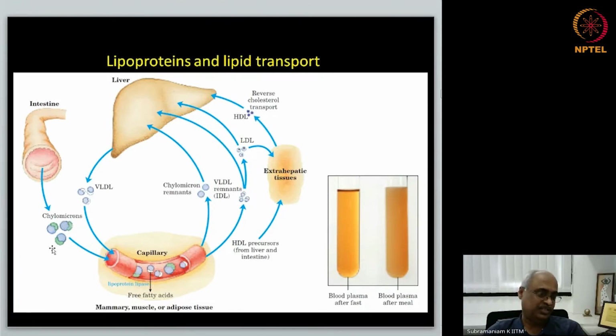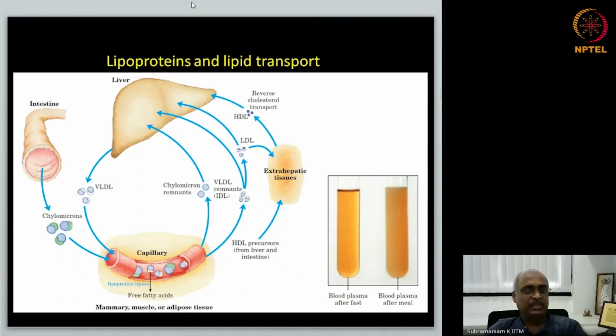So we have learned this. And the apoprotein on the chylomicrons, ApoC2, activates the lipoprotein lipase in the blood while it is circulating in the capillary. That hydrolyzes triacylglycerol into free fatty acids, which are taken up by the tissues that are going to use or store these free fatty acids. So we have seen up to that.